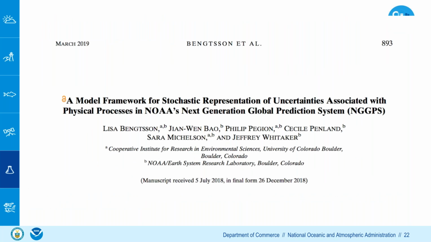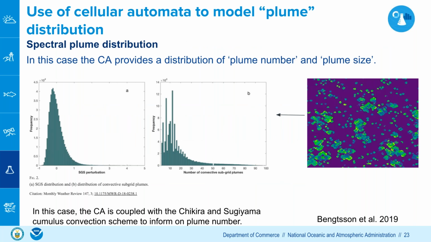Okay, so another study we did recently, and we also used cellular automata, but in this case, we did not have a bulk mass flux scheme, but rather used a spectral plume distribution. This was done using the Chikira and Sugiyama cumulus convection scheme.